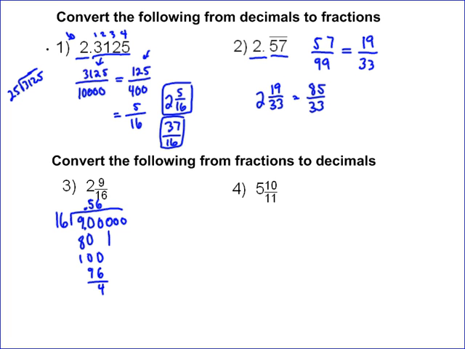Now we bring down another 0. We've got 40. 16 goes into 40 2 times, so it gives me 32. And I bring down another 0. This is going to be the last one I need, because 16 goes into 80 exactly 5 times. So 9 over 16 is the same as 0.5625, which you can then just put the 2 in front of, so your answer is 2.5625.